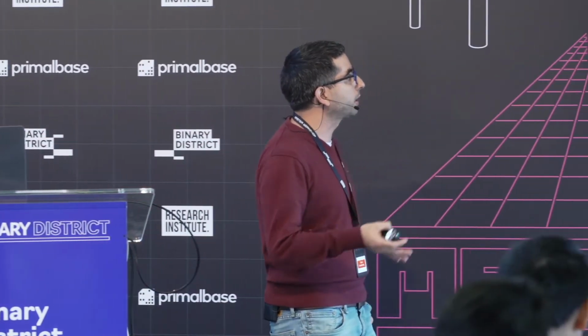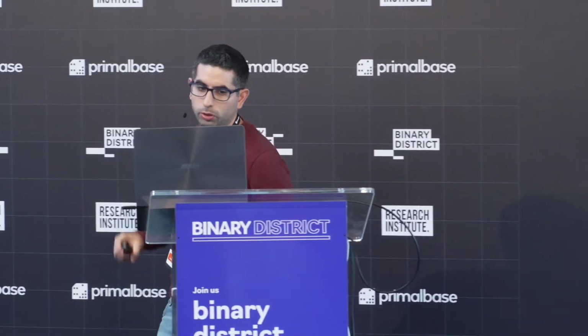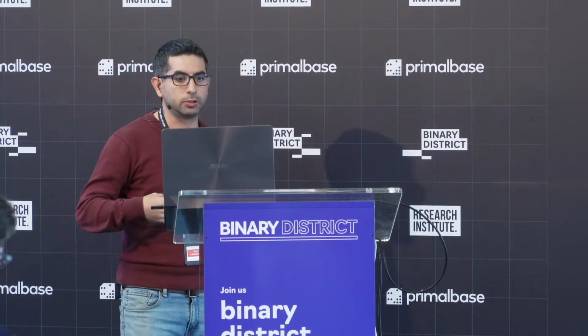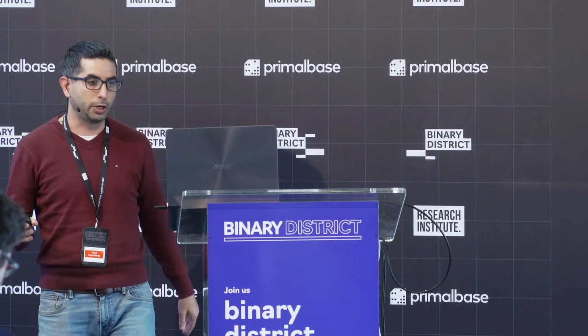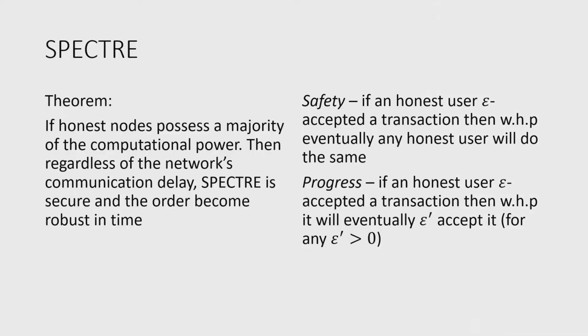So we have a few properties of Spectre, and they are proved in the paper, so I don't want to go into the technical details. I just say that Spectre is both a safe and a secure protocol, and also the order becomes robust over time, which means that if I see my snapshot of the DAG and I think that one transaction is confirmed, eventually every other miner will think the same.